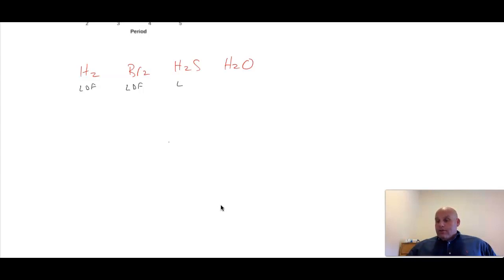H2S, also everything has London dispersion, but this would also have dipole-dipole interactions because H2S is a polar molecule. You would have that bent arrangement there. Lone pairs around the central atom is my quickest clue that I have a polar molecule. And then my oxygen, I'm going to have the hydrogen bonding. So I will have LDF, dipole-dipole, and hydrogen bonding.